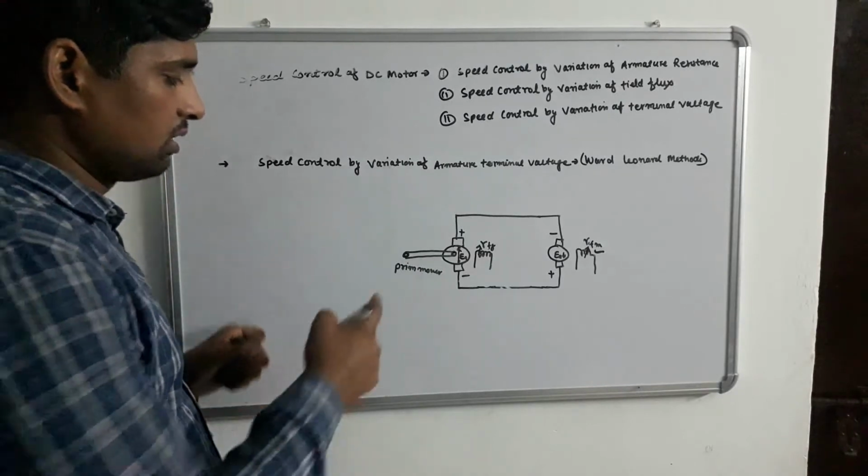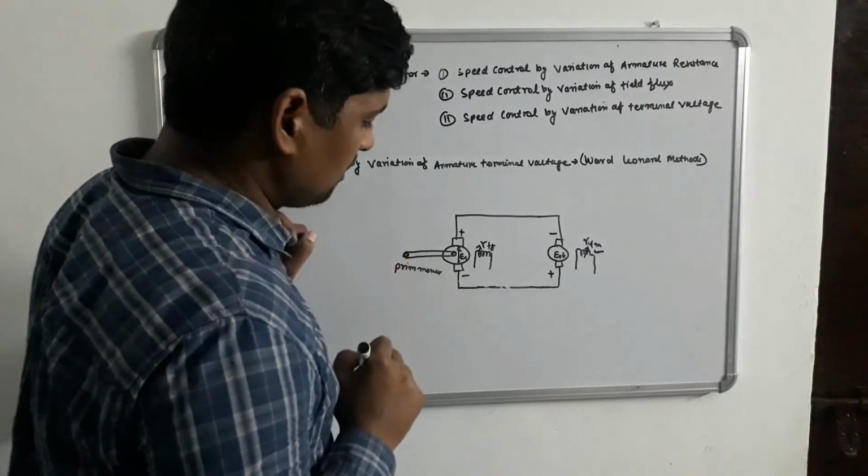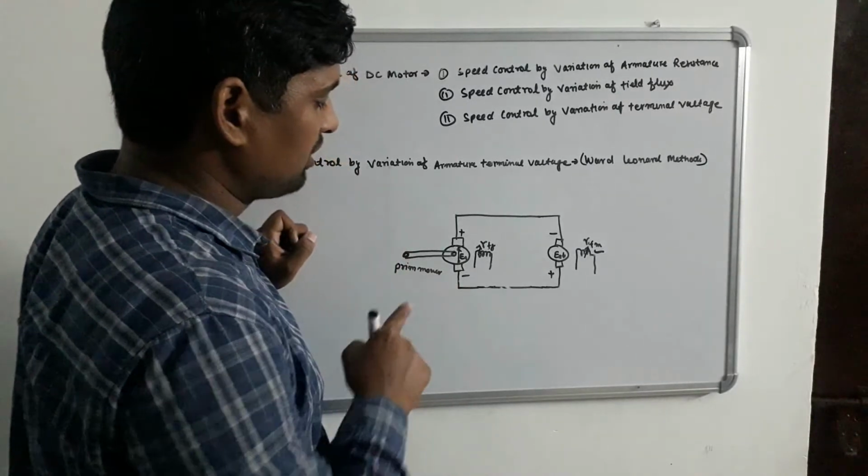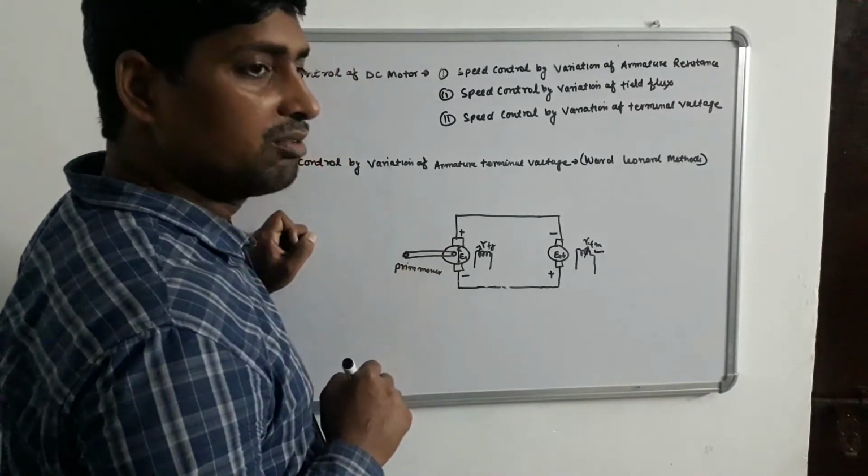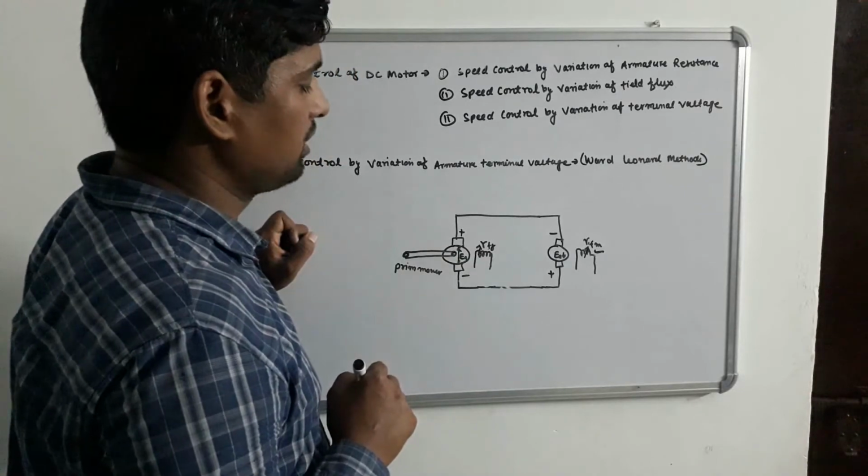Then the prime mover is connected to the generator armature winding. The armature is rotating at a particular speed, the rated speed.